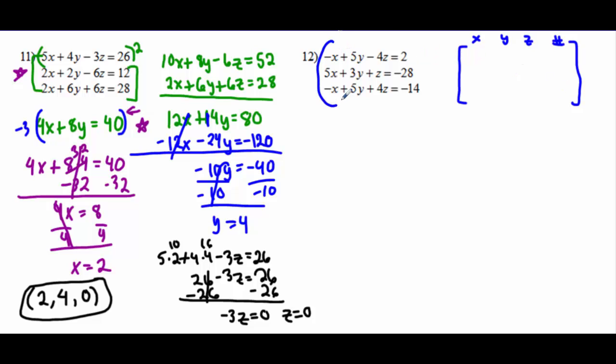So our X column has -1, 5, and -1. Okay. Then we do the Y column, which has 5, 3, and 5. Make sure you put the positives or the negatives with them, because that can cause a problem. Then -4, 1, and 4, 2, -28, -14.